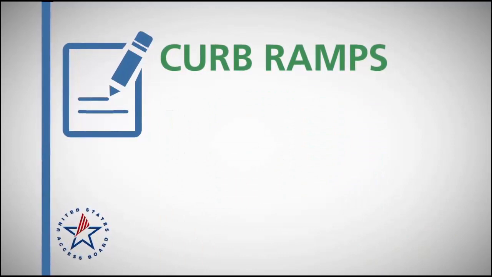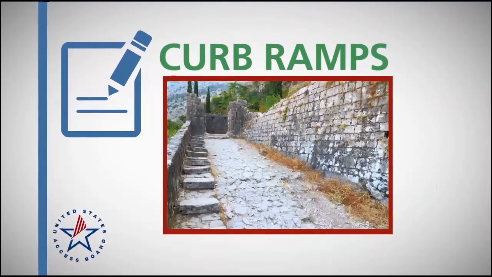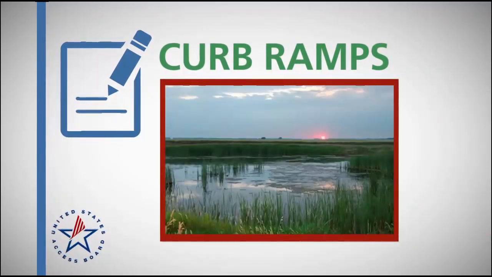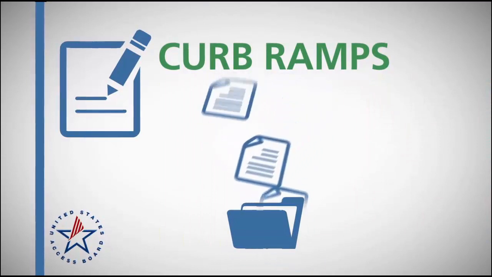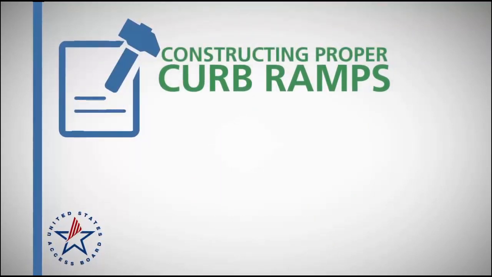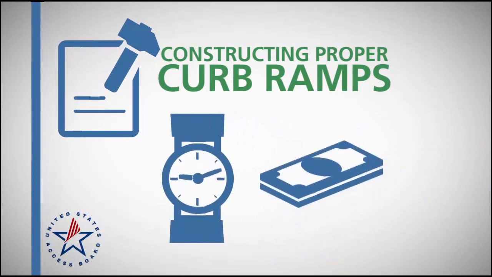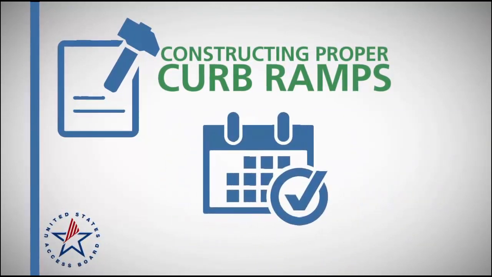Sometimes curb ramps cannot be fully compliant because of existing infrastructure, terrain characteristics, or environmentally sensitive areas. Agencies must document deviations from the standards, including the reasons why full compliance is not feasible. Another challenge is that constructing proper curb ramps may add time and increase the cost of a resurfacing project. Good planning can mitigate the additional time and resources required for ADA compliance.